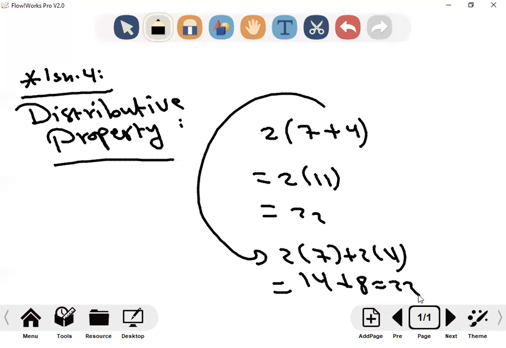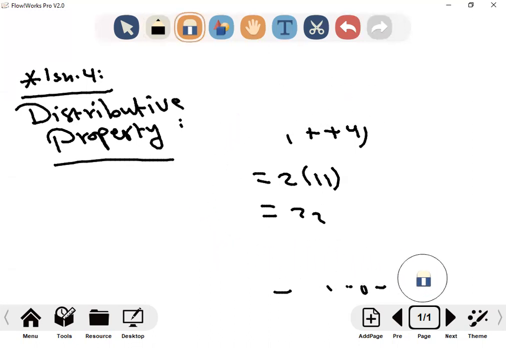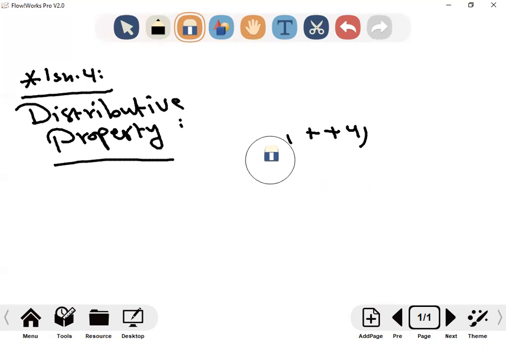It's up to you. I don't want to distribute the 2; I want to add the bracket and multiply with the outside number. But here we will use it with algebraic expressions. The formula of the distributive property, I will write it for you on the board.